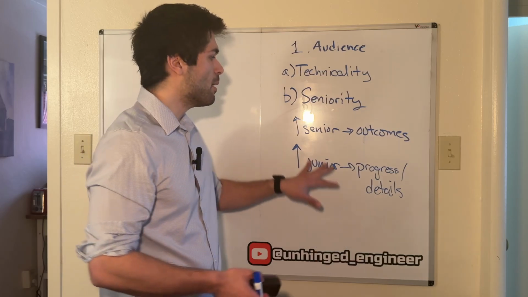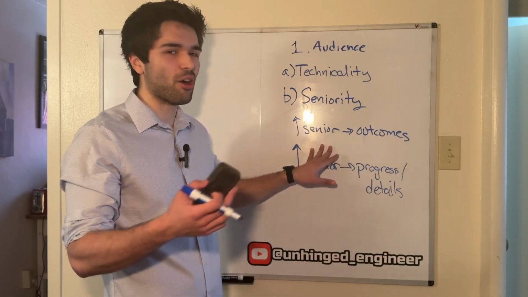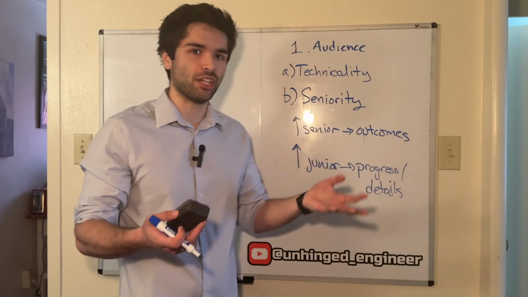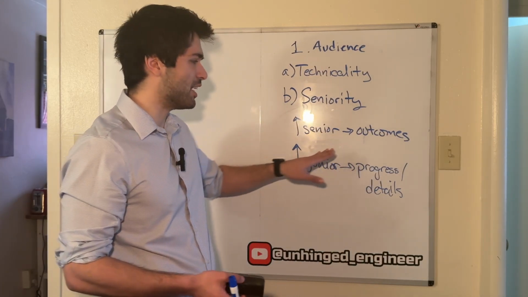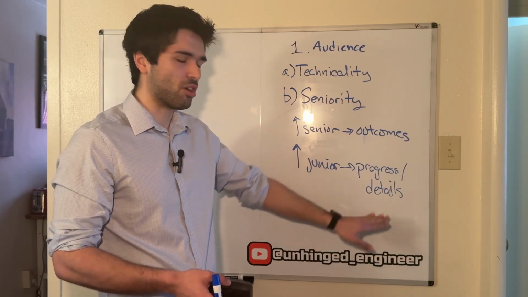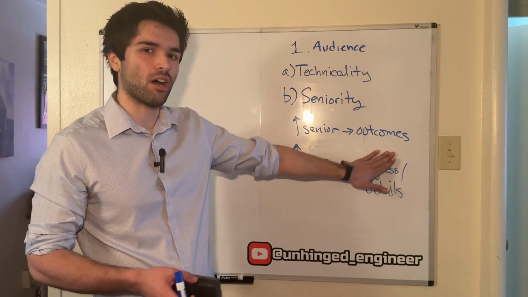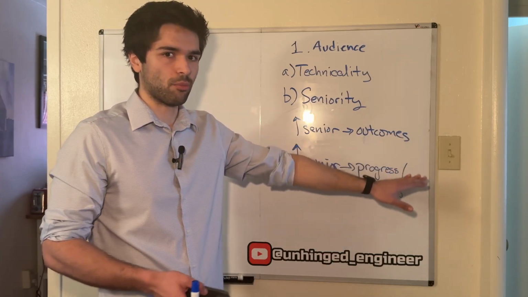Because it's gonna land. But if you're talking to the head of your entire organization, like the CEO or something, or even the chief engineer of your entire company, right? There's just too many of these presentations for them to keep track of all the little nitty-gritty that you're talking about. And so what they really care about is outcomes. Are you delivering on what you promised? Are there any blockers getting in the way of doing that?